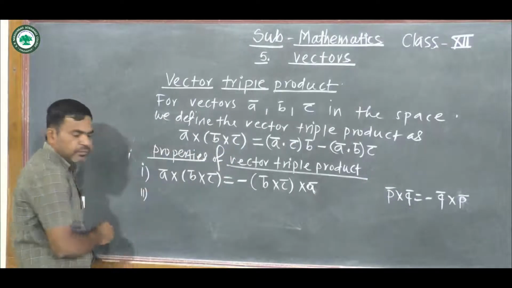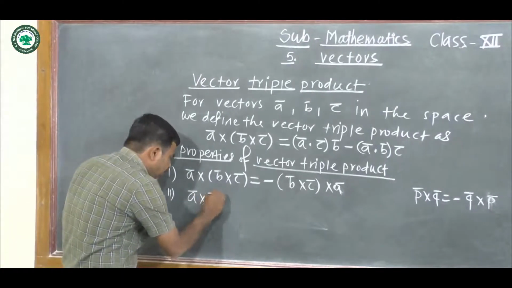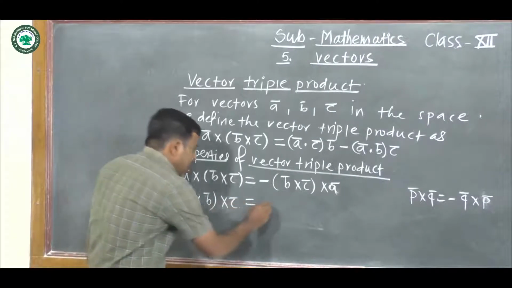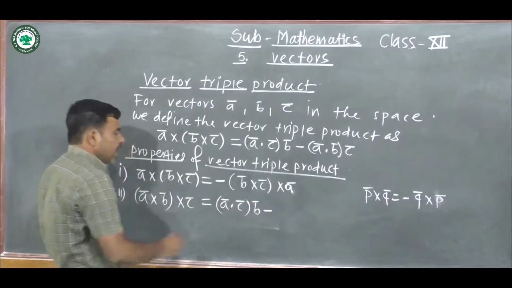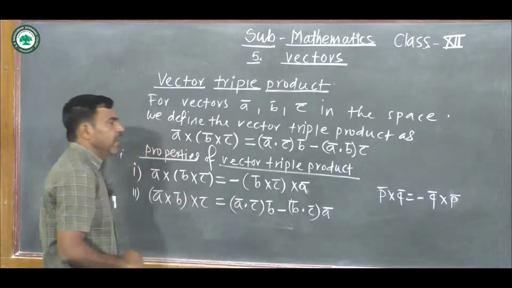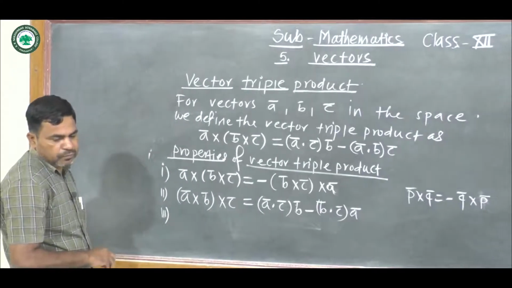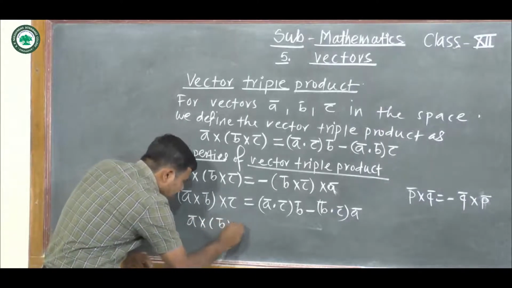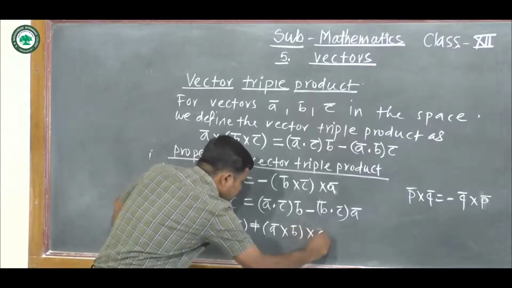Second property, A bar cross B bar cross C bar is equal to A bar dot C bar into B bar minus B bar dot C bar into A bar. Third property, A bar cross B bar cross C bar is not equal to A bar cross B bar cross C bar.